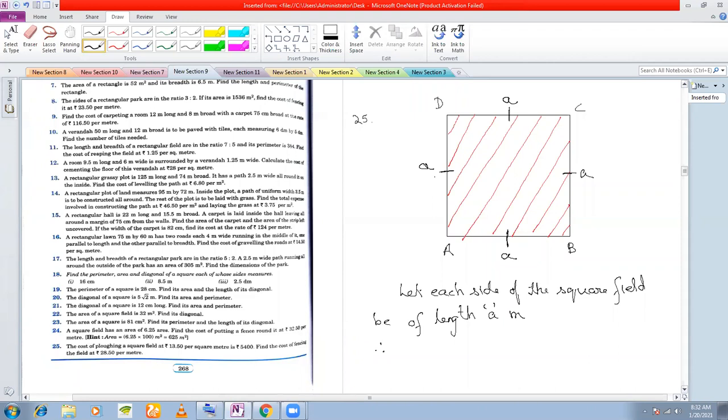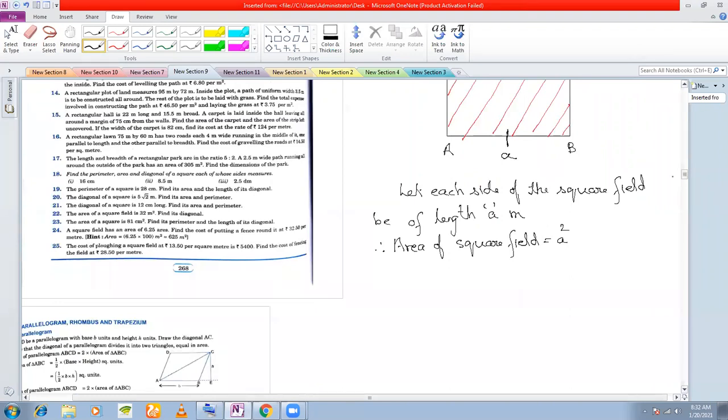Therefore, what is the area? Area of the square field is a square meter square. Whether you write it or not, it's okay. But area of the square field is a square.